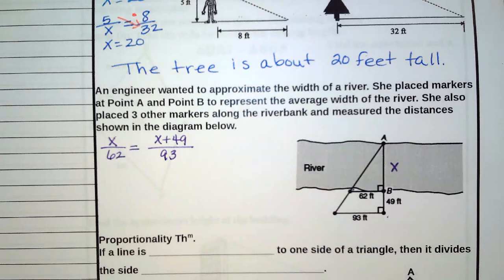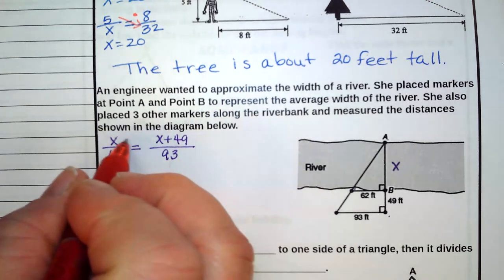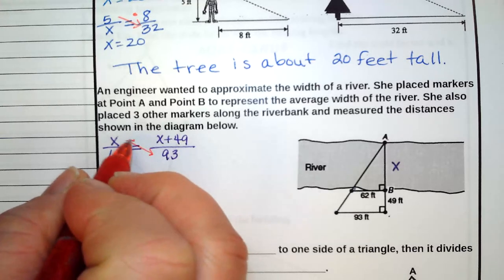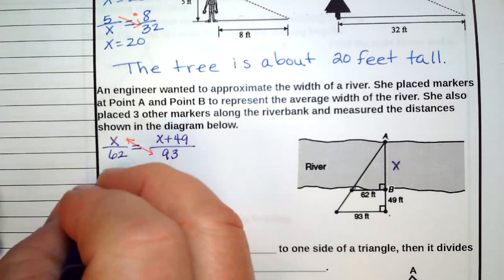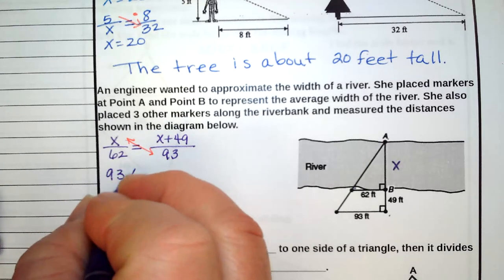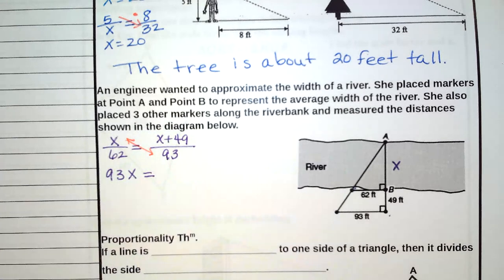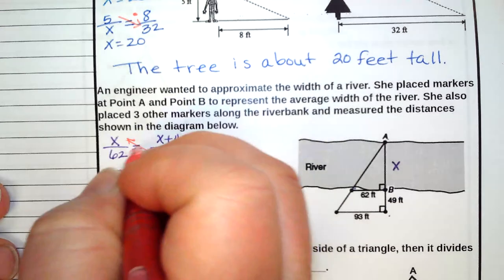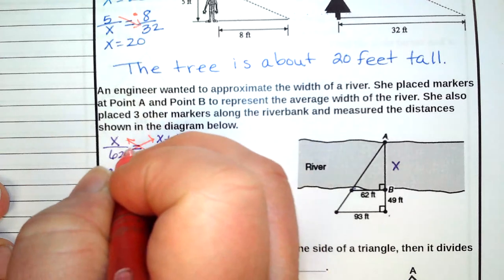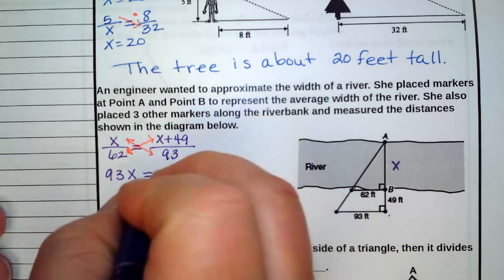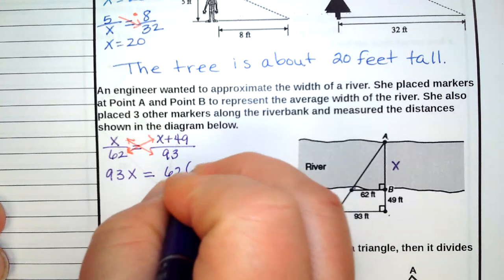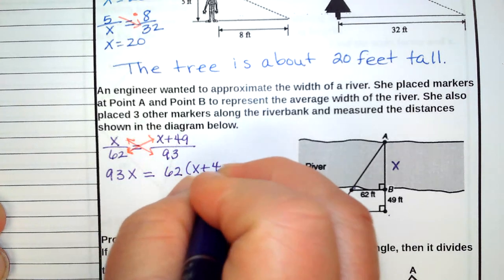This time we are going to do the cross multiplication because we've got two variables. So these two are multiplied together. 93 times x is 93x is equal to. We're going to multiply the other two together. 62 times (x plus 49).